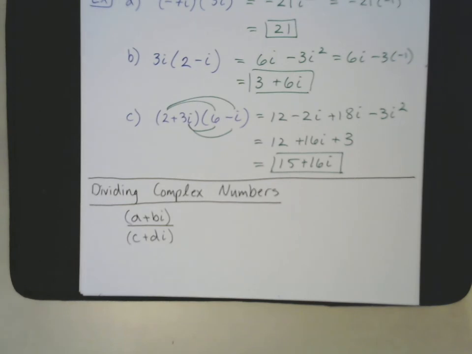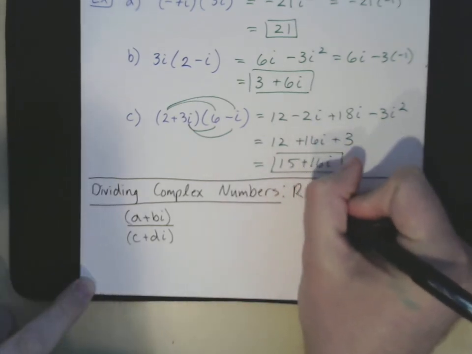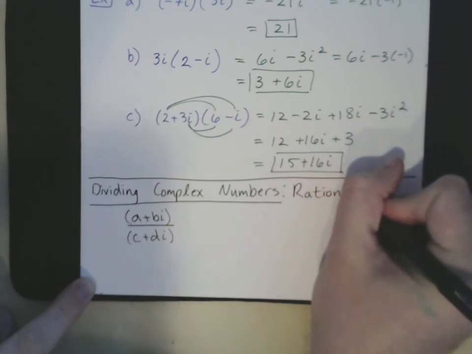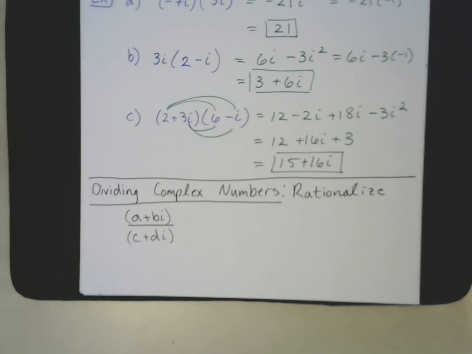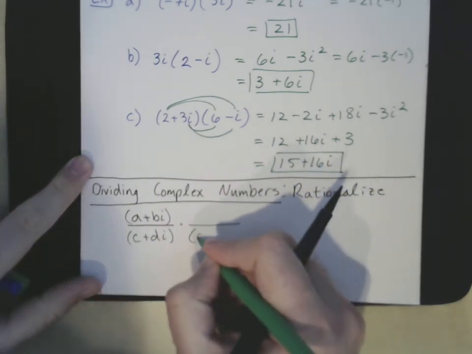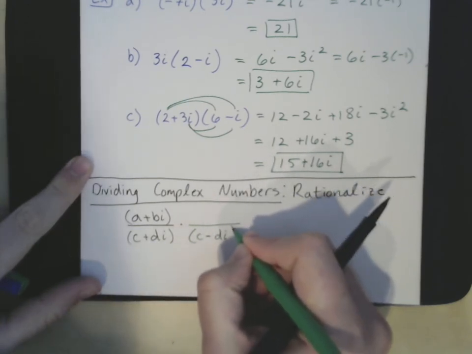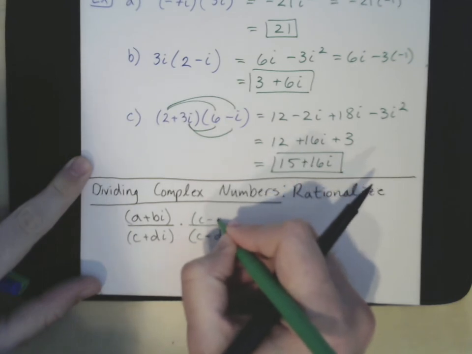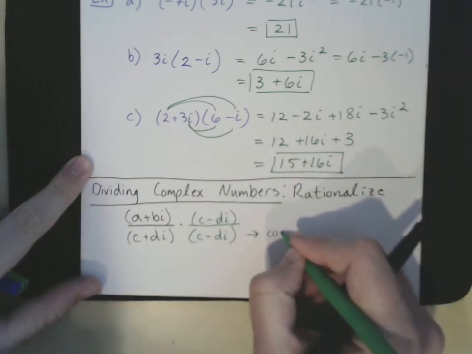So what we do is we rationalize, and we always rationalize the denominator. So we multiply by the complex conjugate, c minus di, c minus di. So this is the complex conjugate.